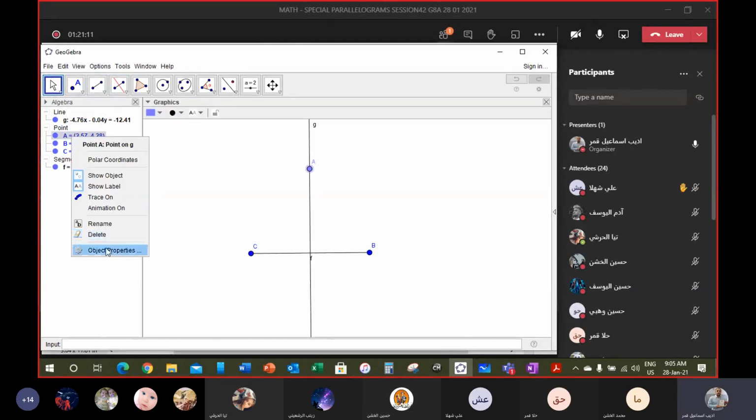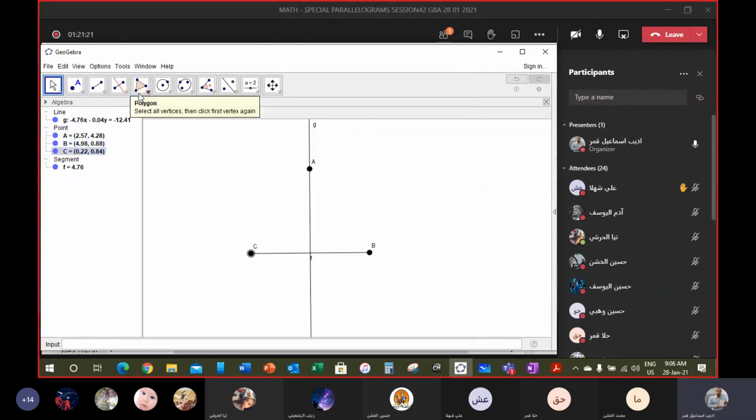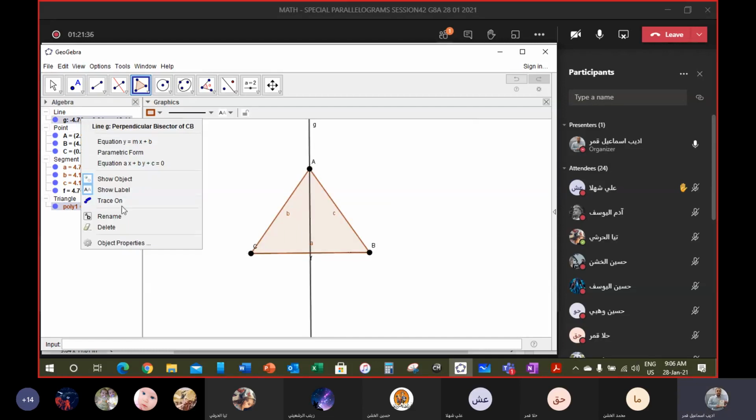Change their color. Now we draw the triangle and we get an isosceles triangle. B, C. ABC is an isosceles triangle of vertex A. We remove the line.